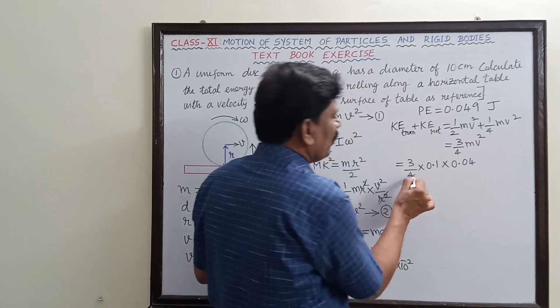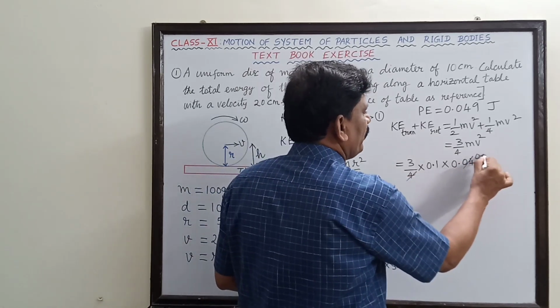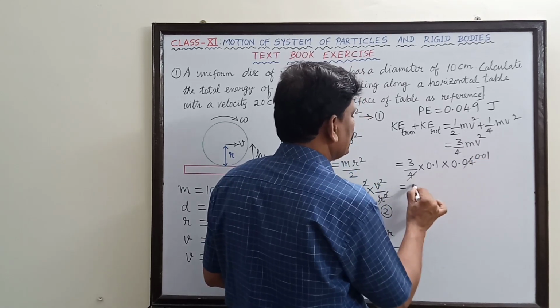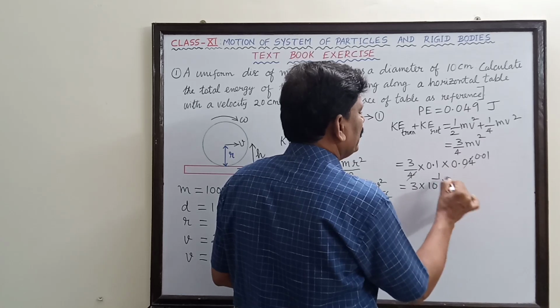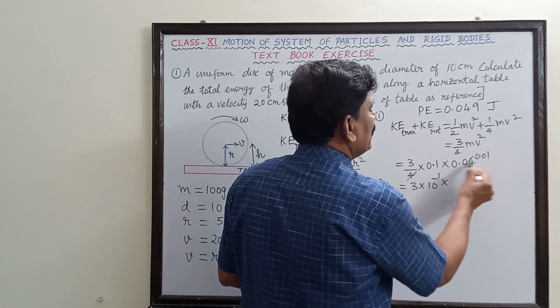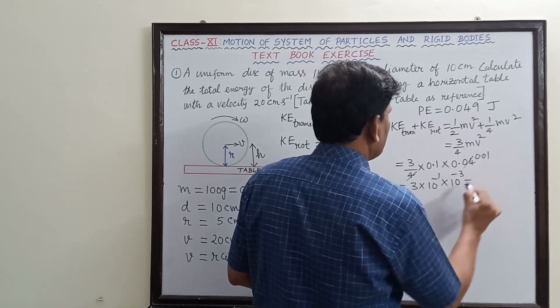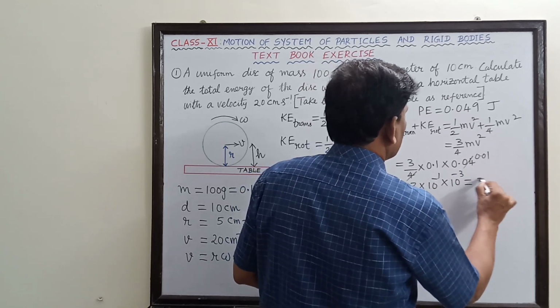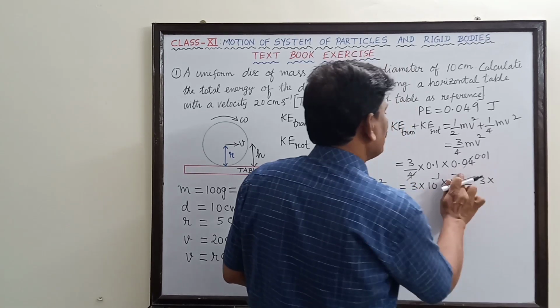So this 4 and 0.04 can be cancelled. So this is 0.01. So this is 3 into 10 power minus 1 into 10 power minus 2. So that this is equal to how much? 3 into 10 power minus 1 into 10 power minus 2.